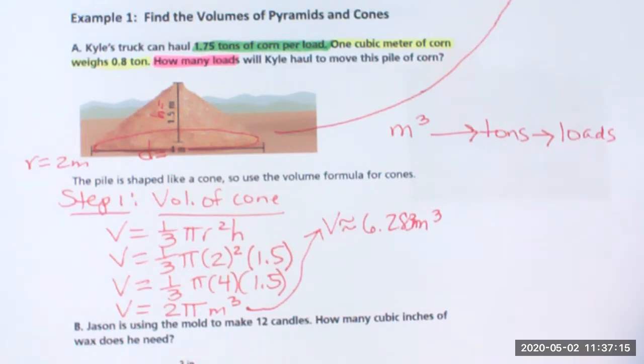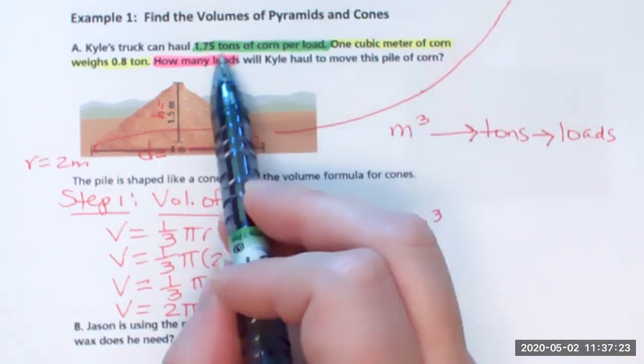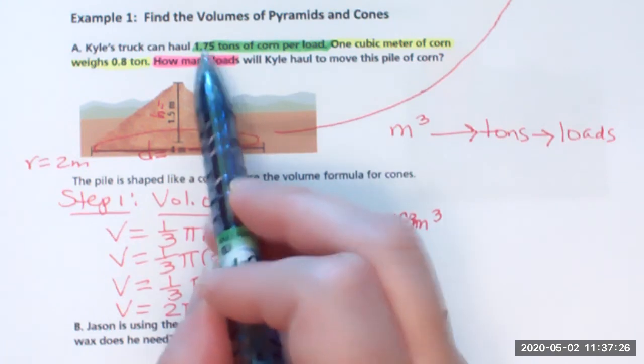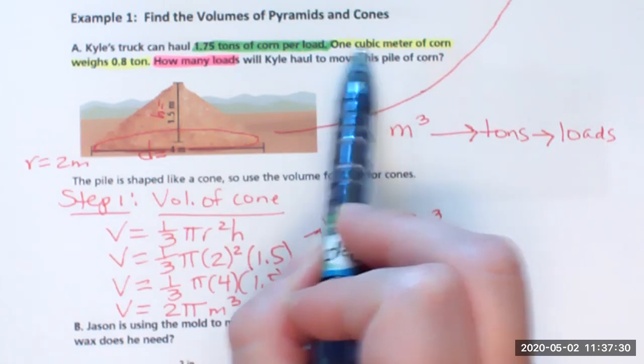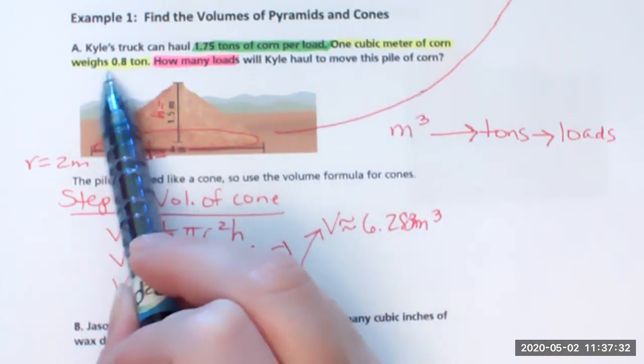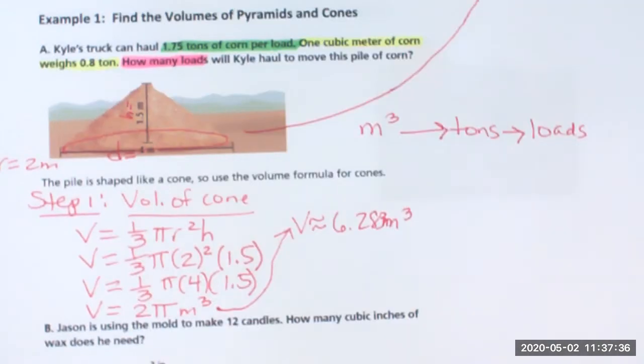Okay? So now, step 2, I need to convert meters cubed to tons. So I'm going to use the conversion factor that I was given here, highlighted in yellow, that 1 cubic meter of corn weighs 0.8 tons. Okay, so let's use that.